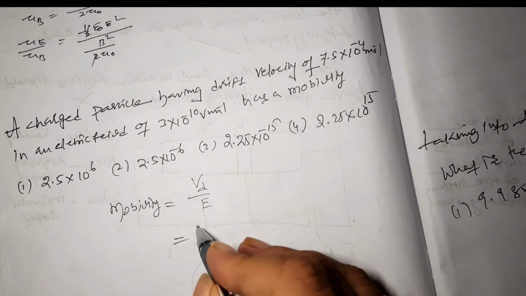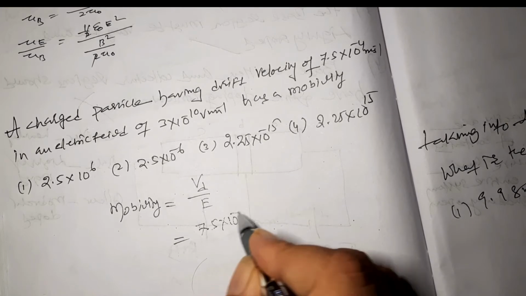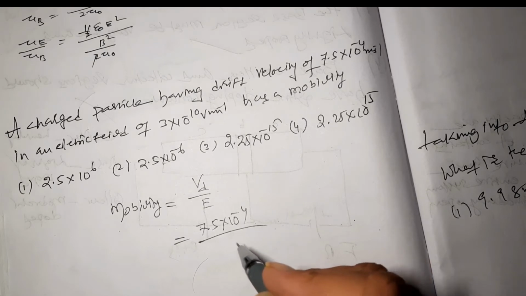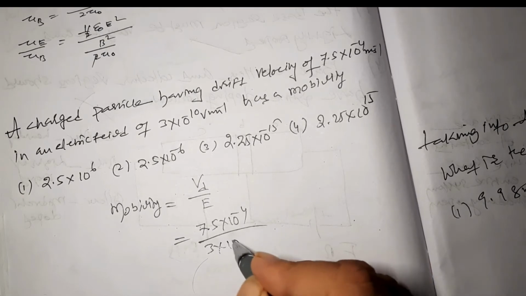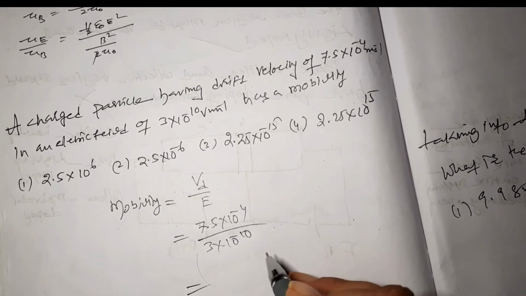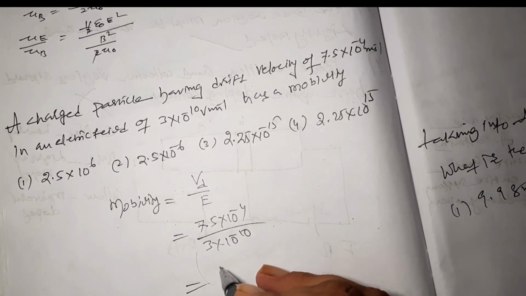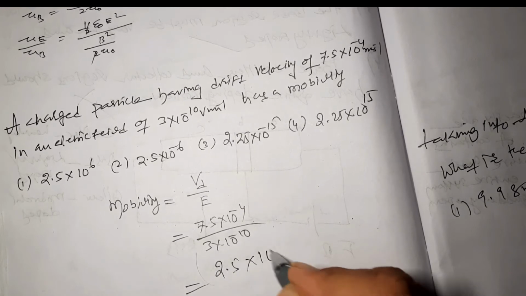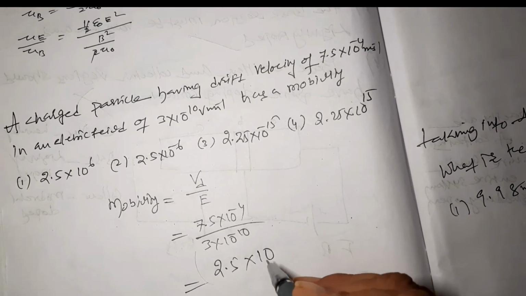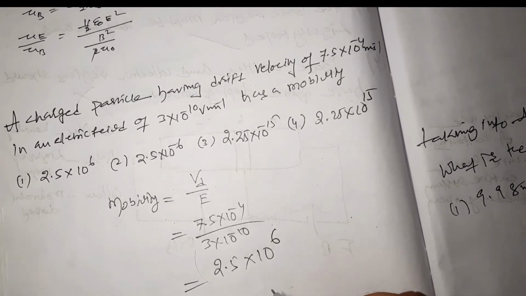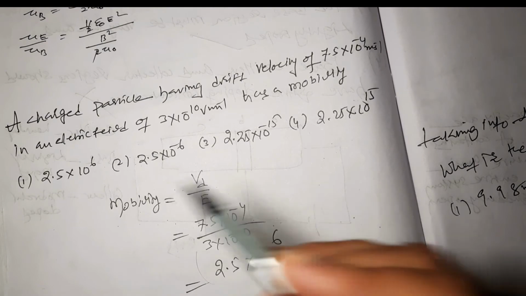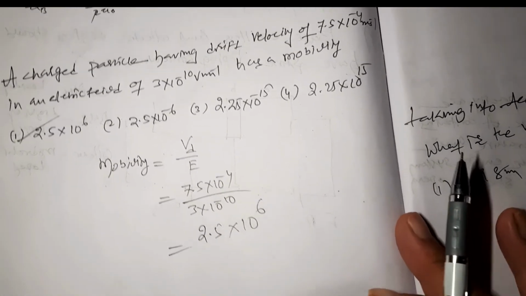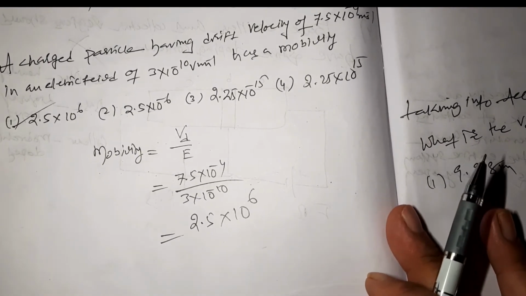Drift velocity is 7.5 into 10 to the power of minus 4 by unit electric field 3 into 10 to the power of minus 10. That is equal to 2.5 into 10 to the power of 6. So our option is option number 1, 2.5 into 10 to the power of 6.